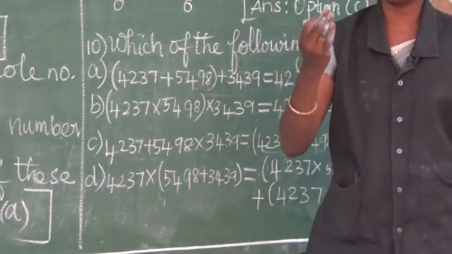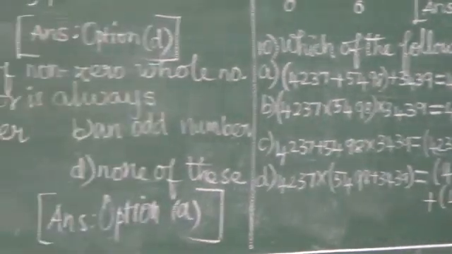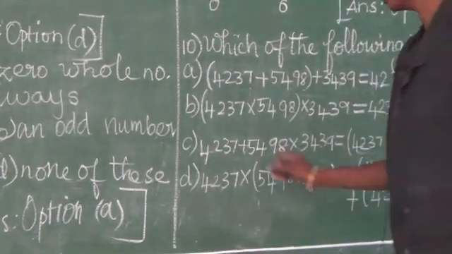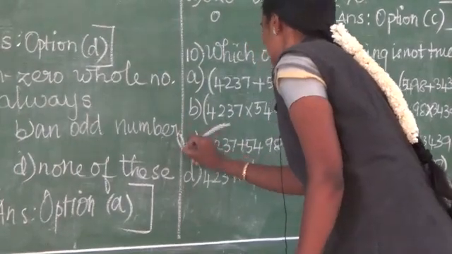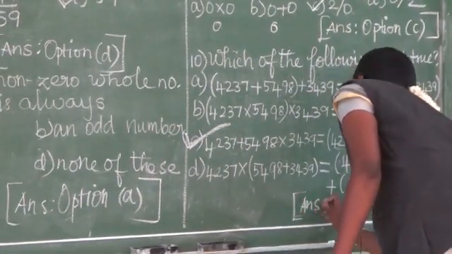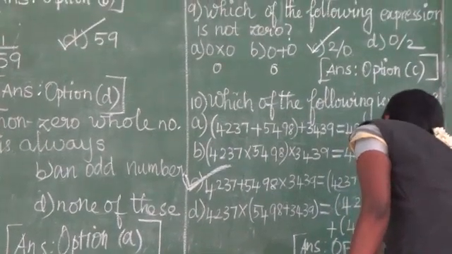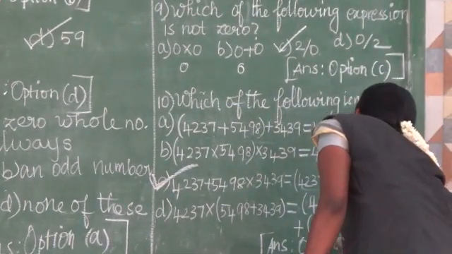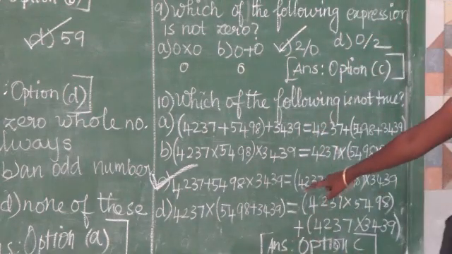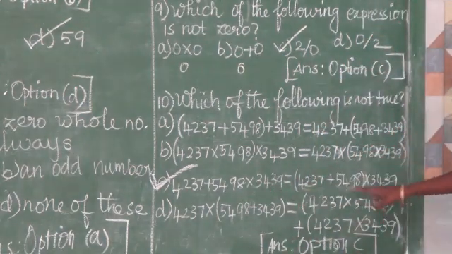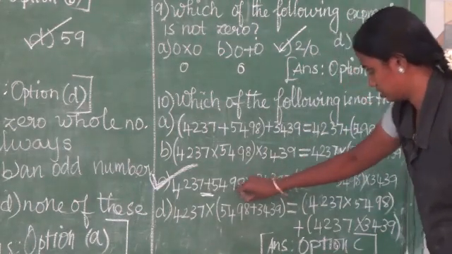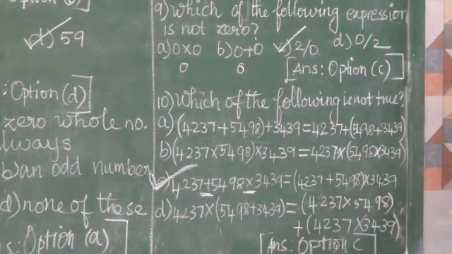We have multiplication over addition, but addition over multiplication we don't have. So the answer is option C. It is only not true in this condition, because here addition, here multiplication. Because of this condition it's not satisfied.